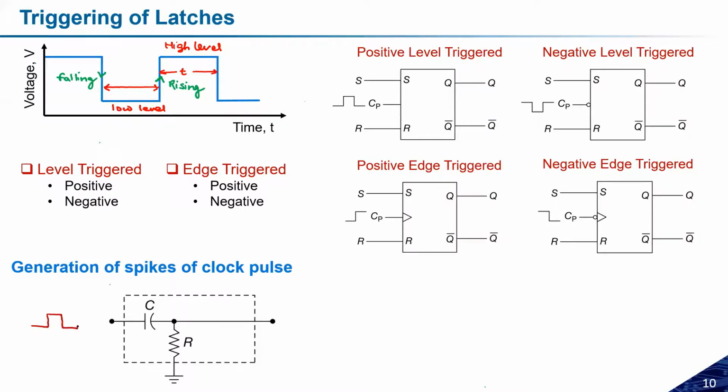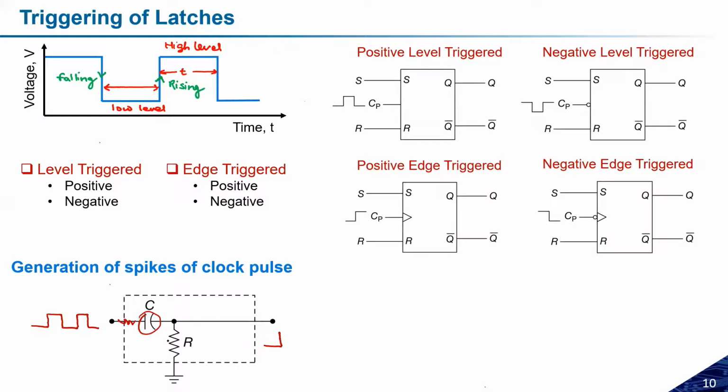What will be the outcome of this circuit? During the positive cycle it will be charged. The charging time constant will be as small as possible because we do not have any resistance here, so it will charge immediately.